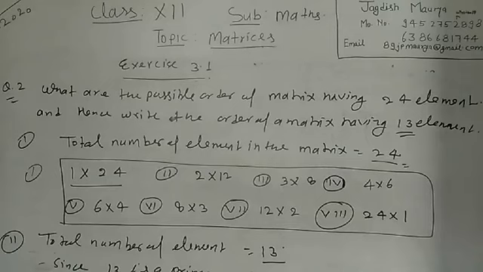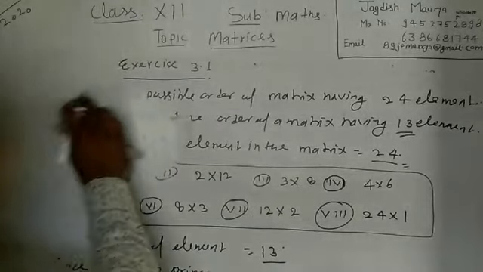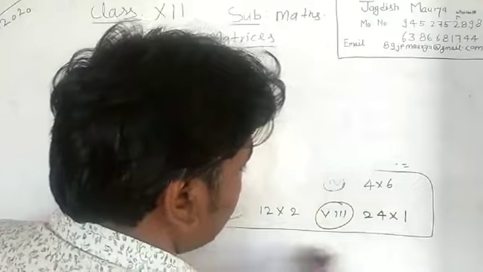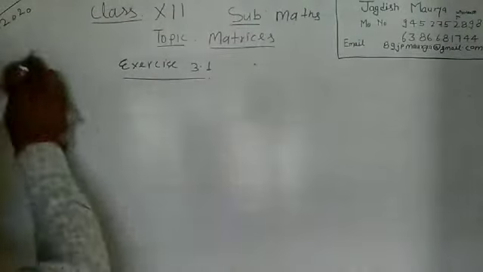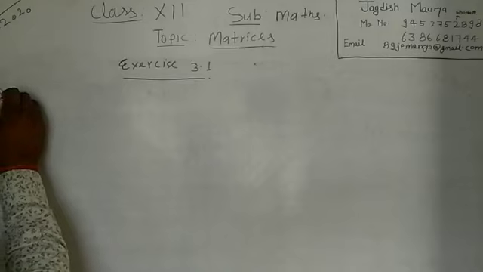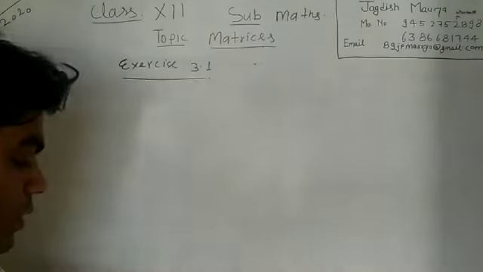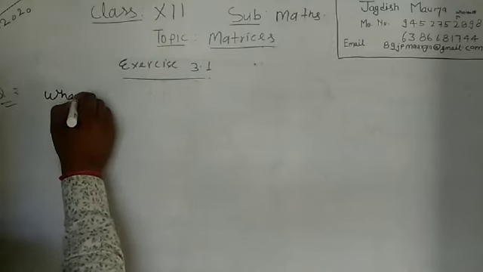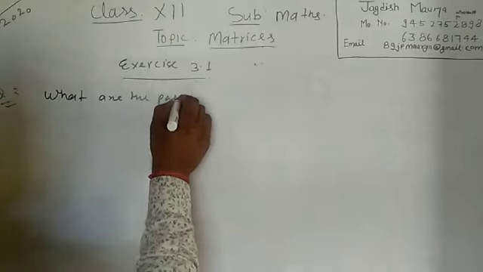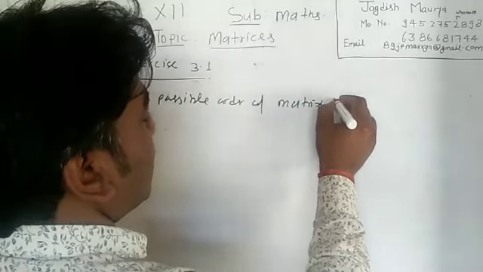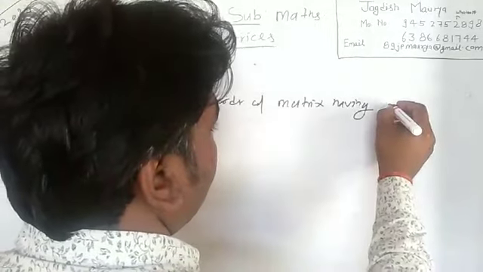Now question number 3. Question number 3 is, what are the possible orders of a matrix having 18 elements?